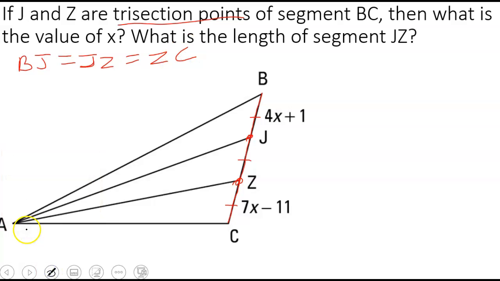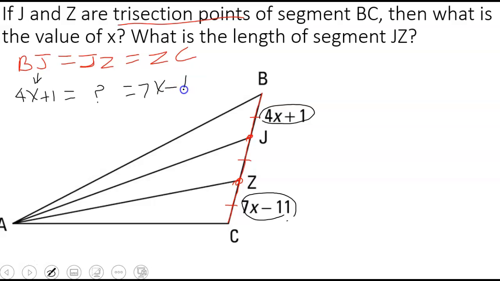And if we substitute, BJ is given as 4x plus 1, and this is equal to ZC, which is 7x minus 11.